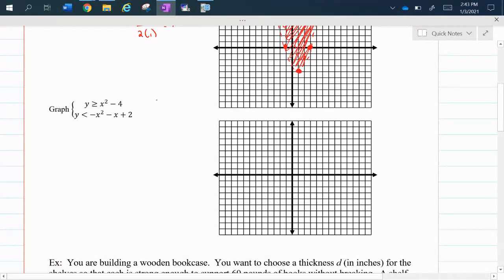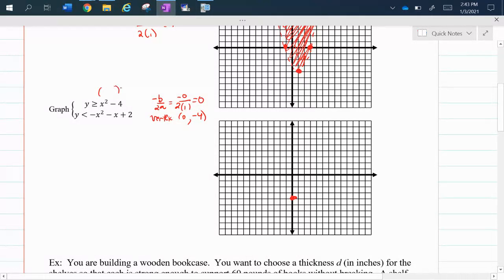If I do negative b over 2a, that would be negative 0 over 2 times 1, which is 0. So my vertex is 0 comma something. If I plug in 0, 0 squared minus 4 is negative 4. So my vertex for my first inequality is at 0, negative 4.